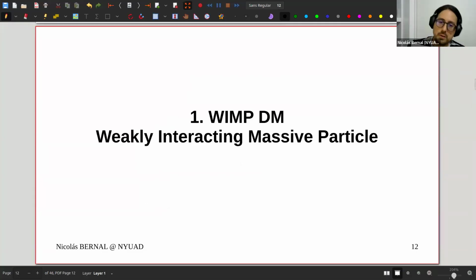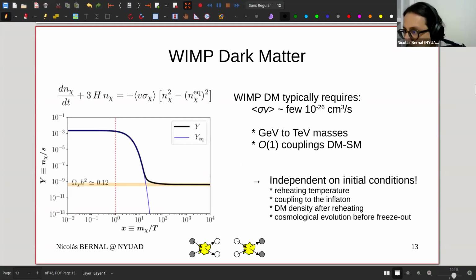Okay, so let's start with the FIMPs, the paradigm of WIMPs, weakly interacting massive particles. I think you guys are familiar. Just let me stress some points. The idea of WIMP dark matter is very simple and it's basically chemical equilibrium between dark matter and the standard model.